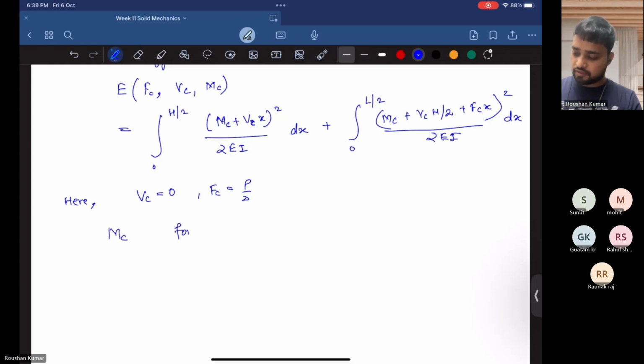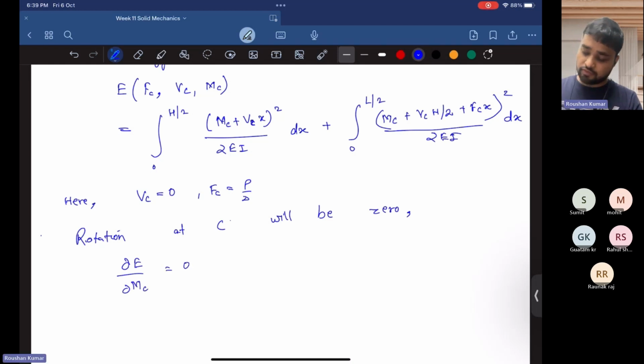So the rotation at C will be 0. Therefore we can say that del E over del Mc equals 0.